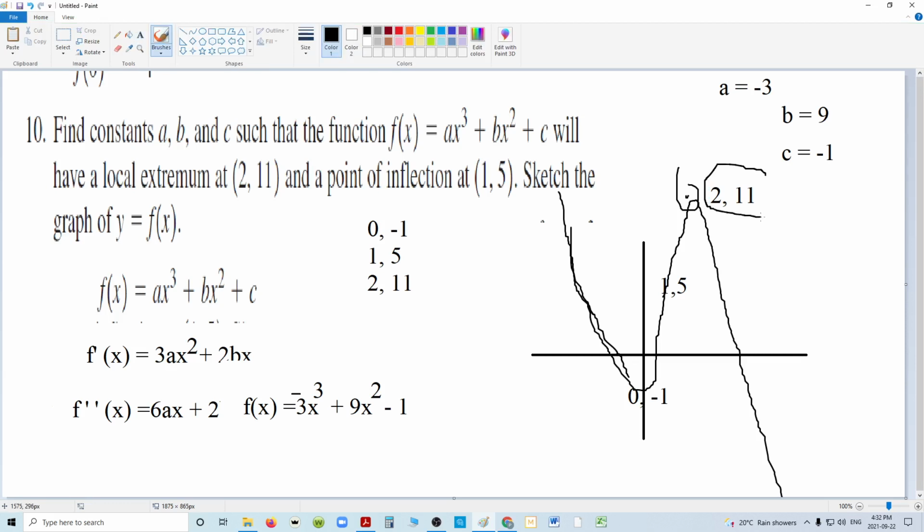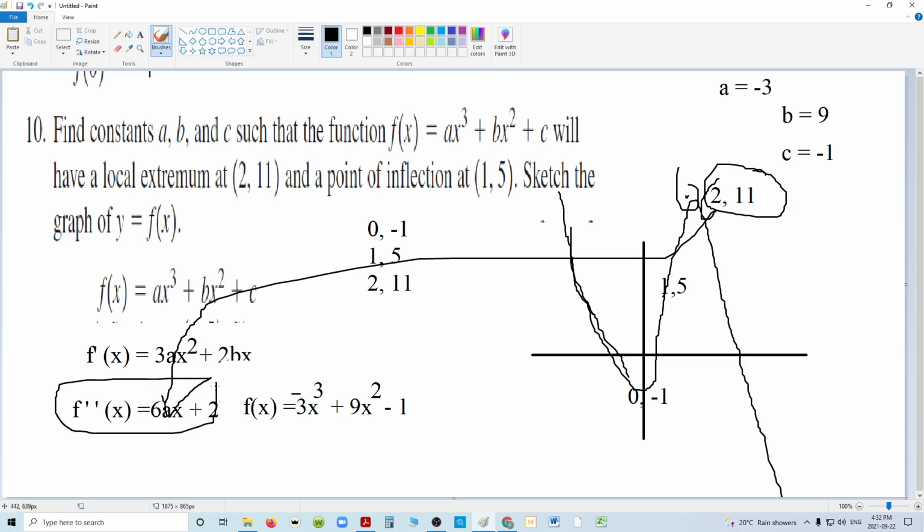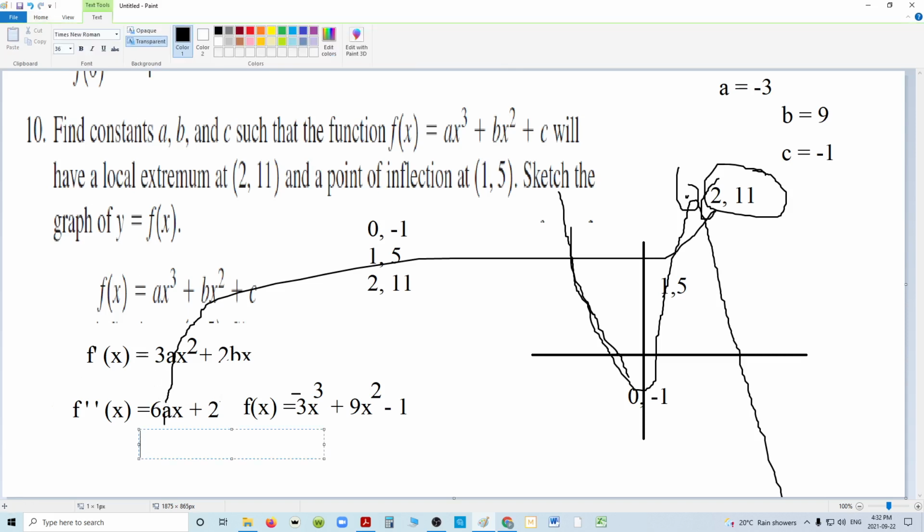But if I'm not sure, I can put in 2 into the double formula, or the double derivative formula here, where I see x, and I also know a is minus 3 now, so I can rewrite my derivative formula as minus 18x plus 2.